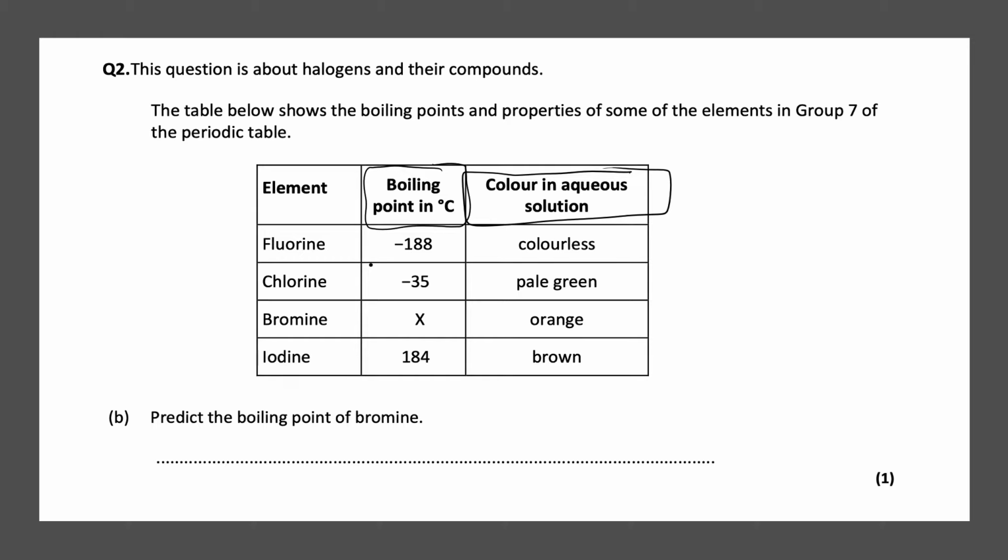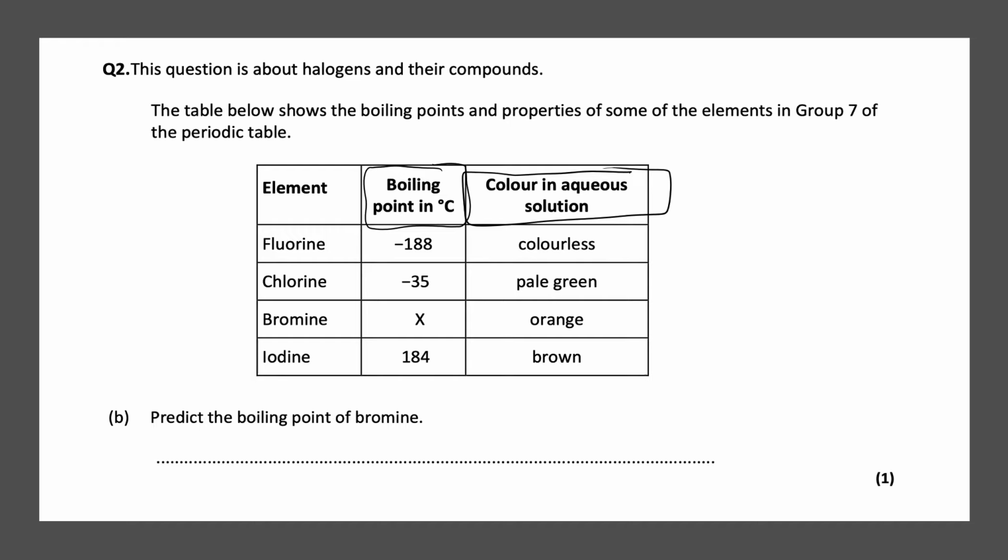So you will get questions like this in your exams, so you have to look for a pattern. A fact you need to remember is as you go down the group, the boiling point increases, so it gets warmer. Over here is the same thing happening, minus 188, minus 35, and the next one is 184. So you have to predict a boiling point which is not too close to minus 35 and not too close to 184.